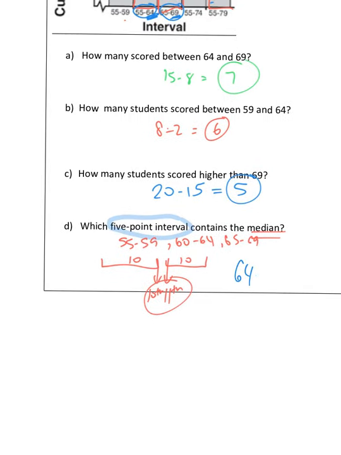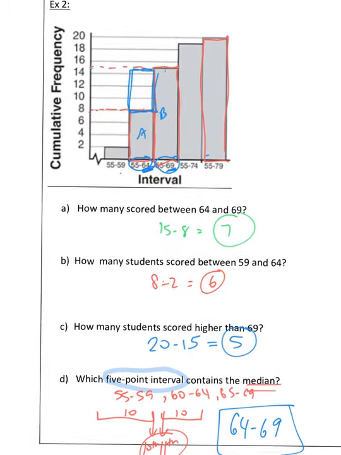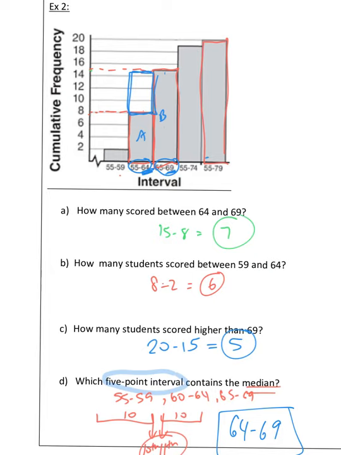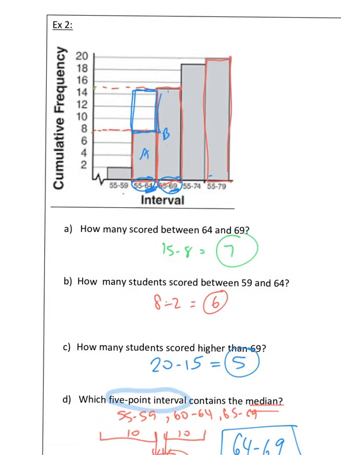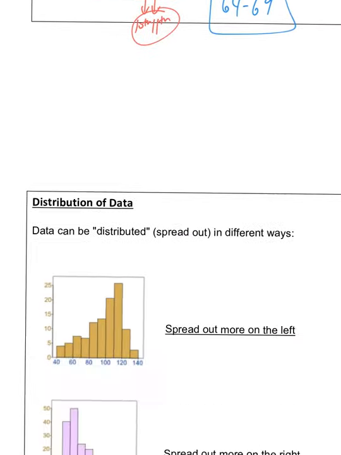That's the 5-point interval that contains the median, because that's where the 10th and 11th scores are. Bar A is 8 people and bar B is 15 people, and the 10th and 11th people are somewhere between that. Okay, you're going to have some of those for homework.